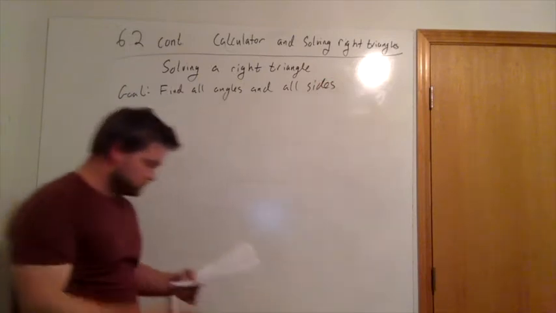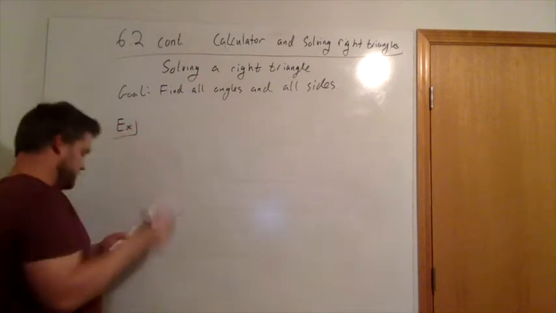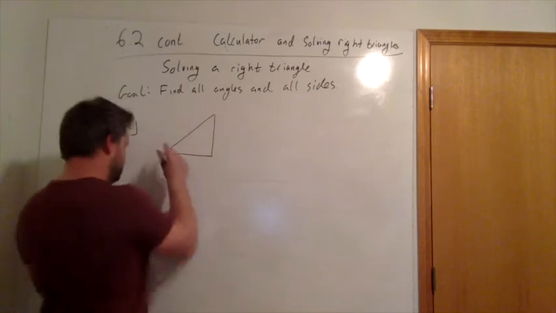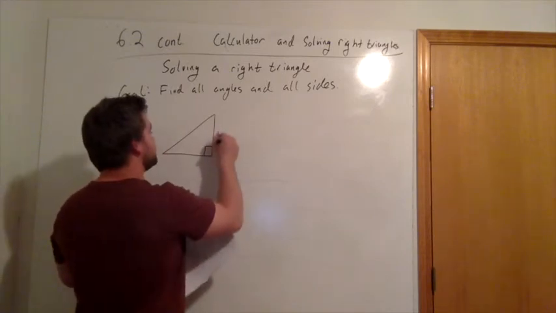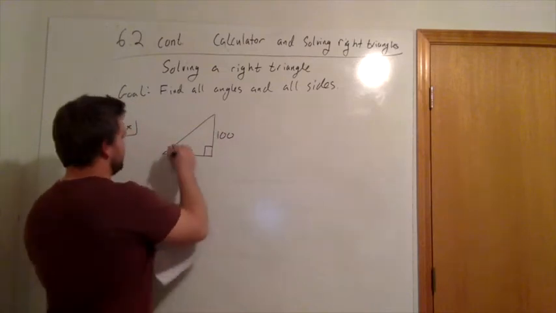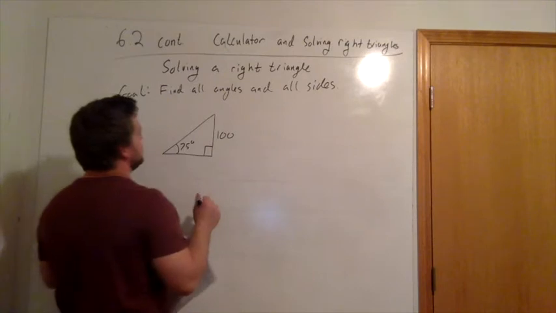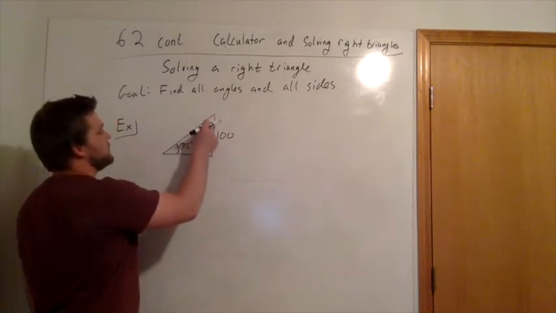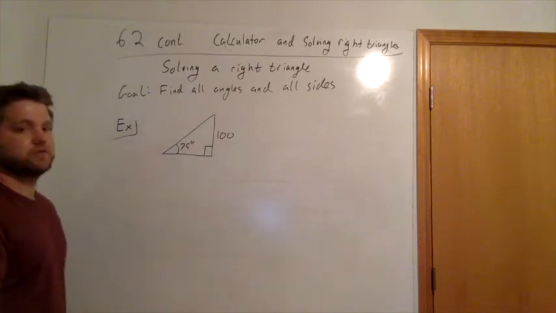Let's start with an example. Let's say we're given this triangle. It's a right triangle. Let's say this side length here is 100. Let's say this is 75 degrees. What we want to do is find the other two sides and this other angle. Go ahead and pause the video and see if you can do this on your own first.